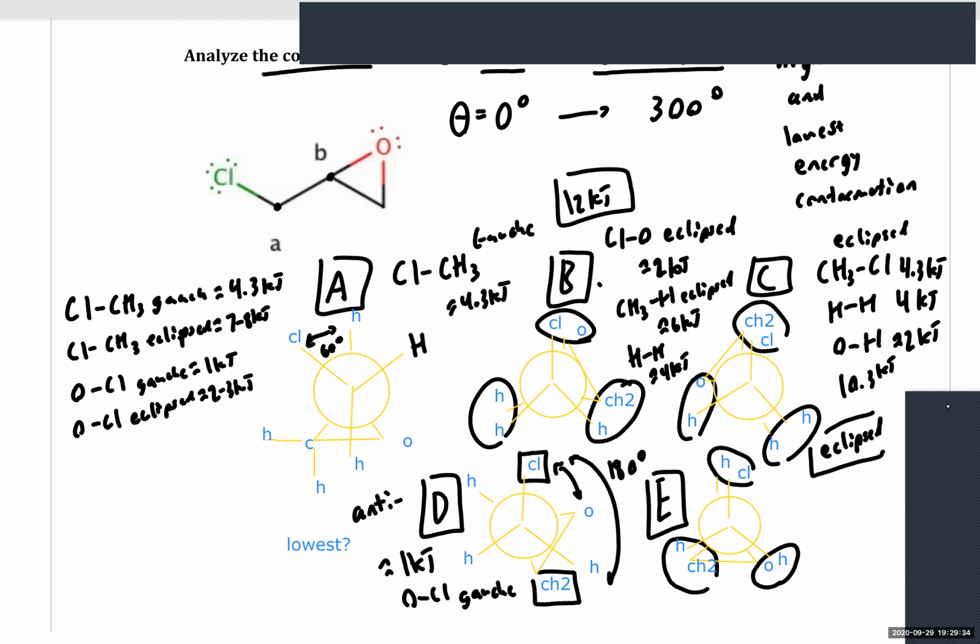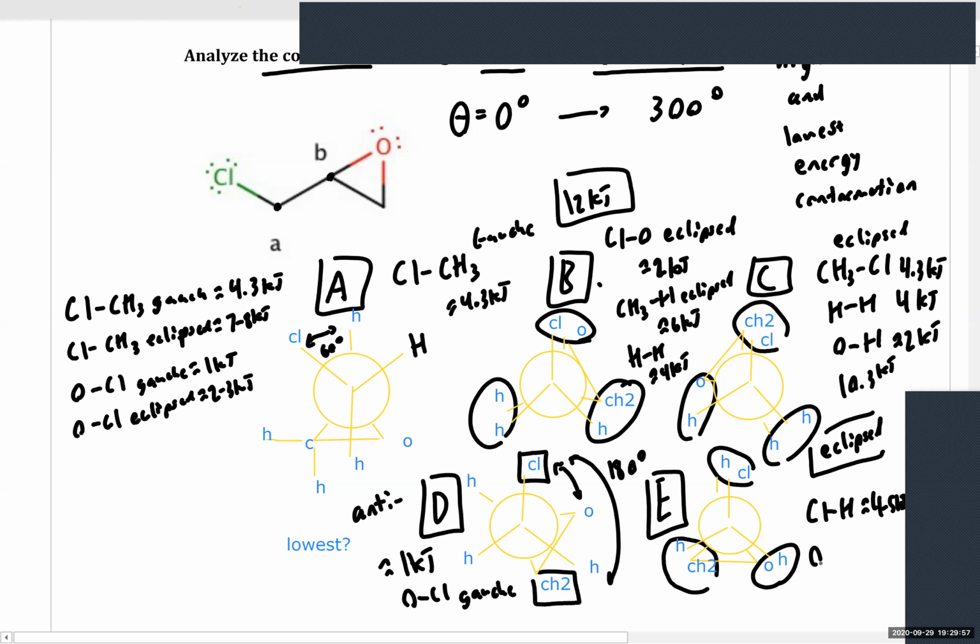Looking at each of our substituents, we have a chlorine hydrogen eclipsed interaction, which we would expect to cost us around 4 to 5 kilojoules.